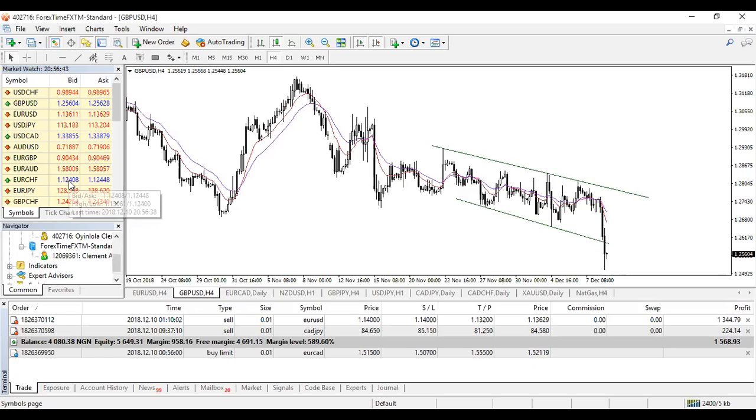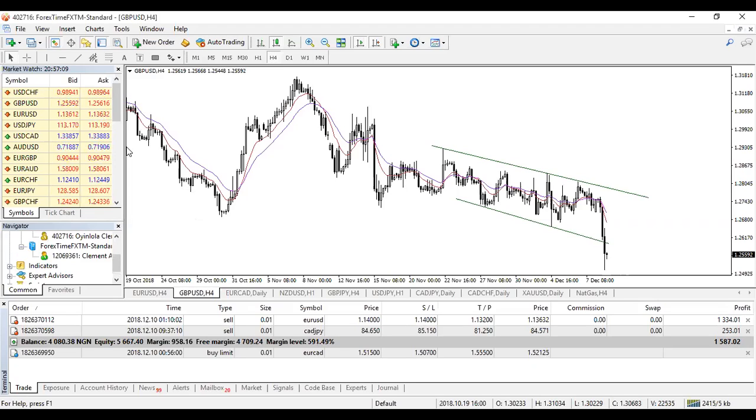And I don't think you really need to focus too much on that. You don't need to start calculating the bid price or the ask price. It is automated. It is bringing it out automatically for you. And you also don't need to sit down and be calculating your spread. It is not really necessary, except you are very, very keen about how much your broker is making.